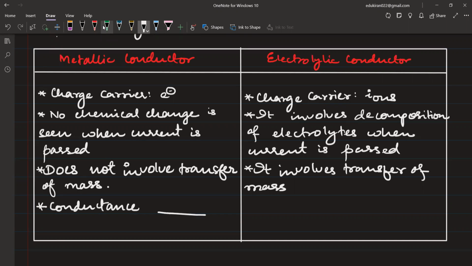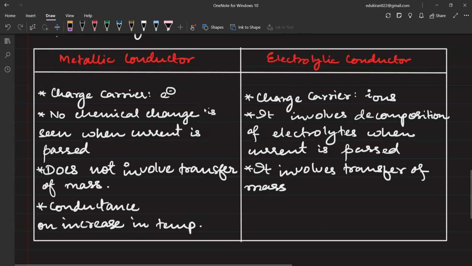Now, the last thing, conductance. What happens? It decreases or increases? Please, you will tell me for metallic conductor. For metallic conductor, conductance increases or decreases on increase in temperature? You have to tell me for metallic conductor. What happens when we increase the temperature?